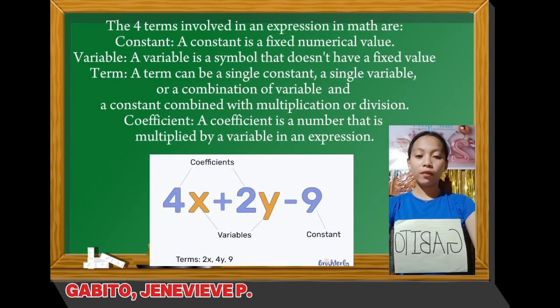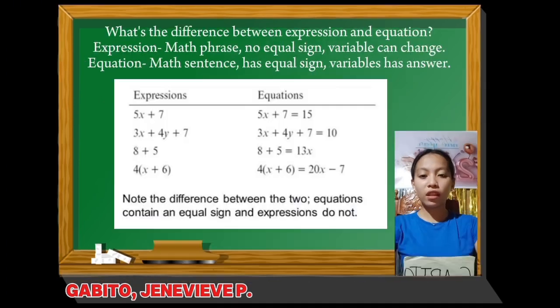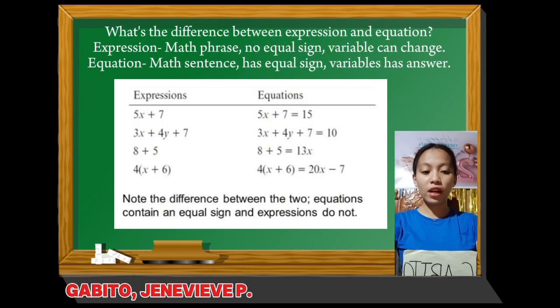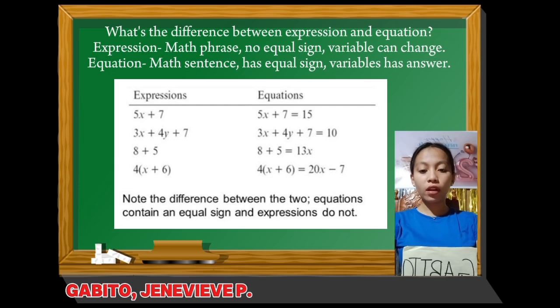The four terms involved in an expression in math are constant, variable, term, and coefficient. The difference between expressions and equations: an expression is a math phrase with no equal sign, and its variable can change, while an equation is a math sentence with an equal sign, and its variable has an answer.